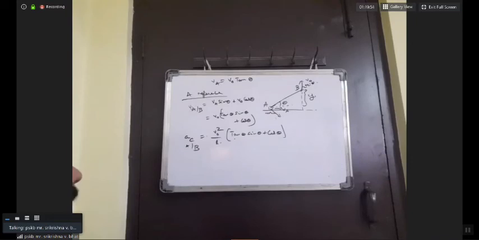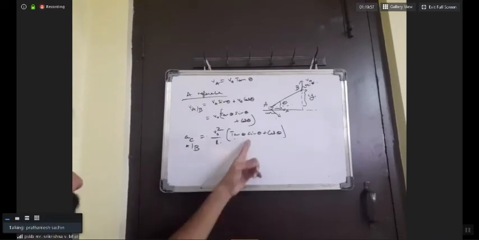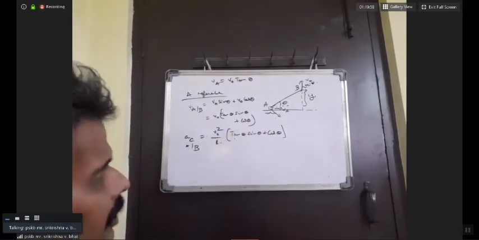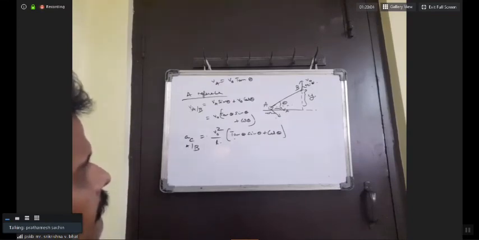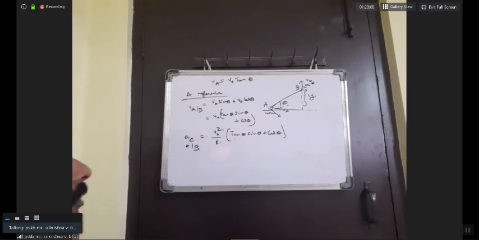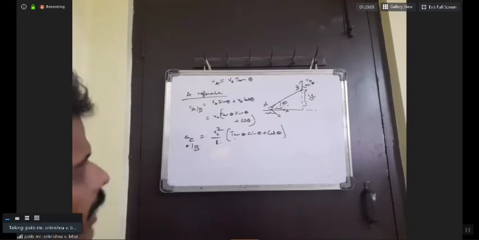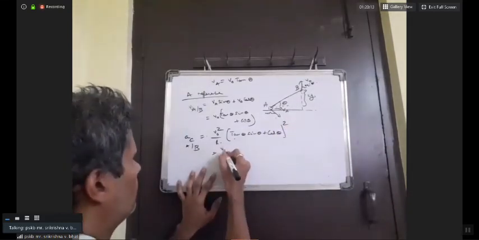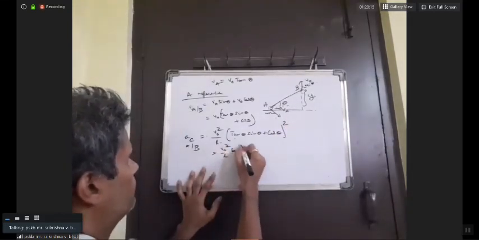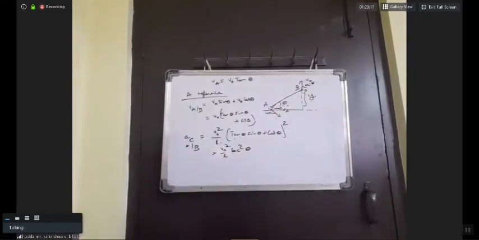I think it will come out to be secant theta, because this whole trigonometric quantity is nothing but secant theta. And since it is velocity, the trigonometric part also gets squared, so it will be secant square theta. So it will become V naught square by L into secant square theta. So the centripetal acceleration of A with respect to B is V naught square by L into secant square theta.